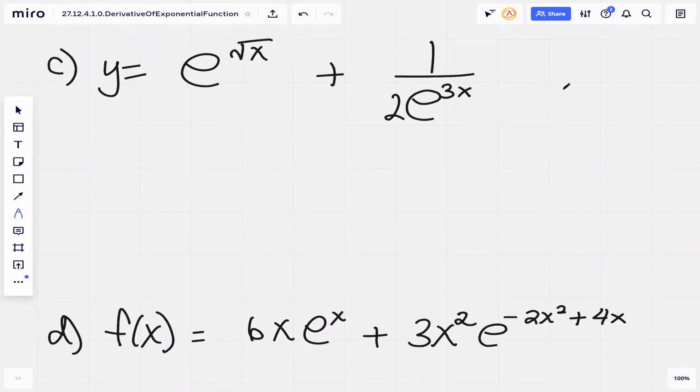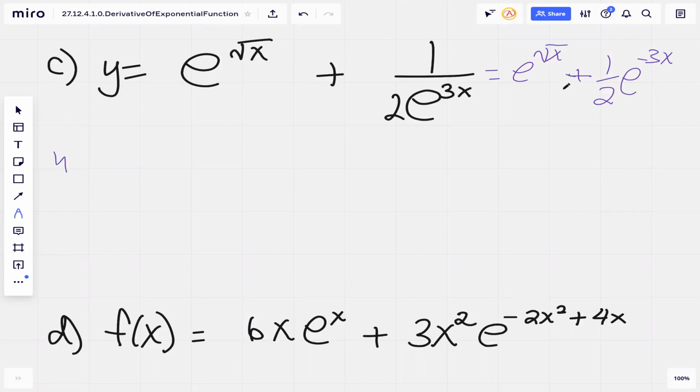Okay, so let's rewrite our function a little bit. So e to the square root of x, that looks fine, but let's change the second term. So let's rewrite it as a half of e to the negative 3x. We moved everything into the numerator.